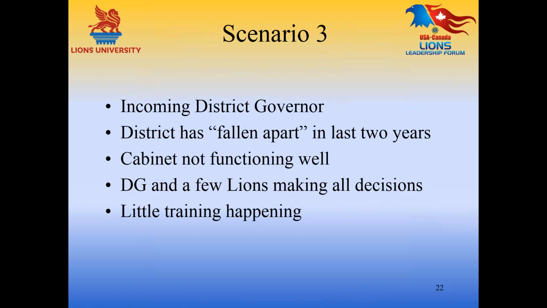Yes, jump right in. And I really think that that's part of the value of the whole Lions University, giving people, as I call it, more things in your leadership bag of tricks. So when a situation faces you, you have more skills and are better able to make a decision to come up with a solution to be successful because you've increased your skills in your bag.